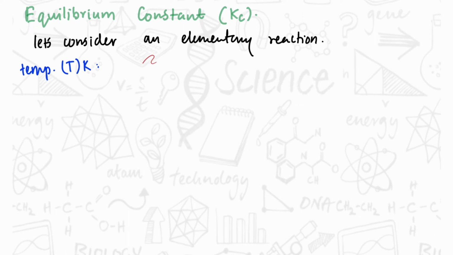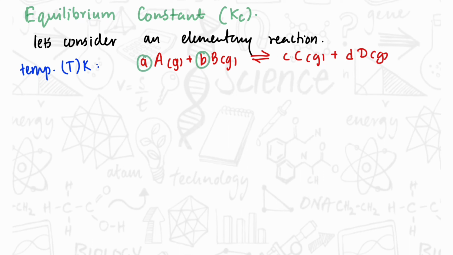And the reaction is aA, let's say it is a gas, and bB, it is also a gas, we have the equilibrium arrow, and cC, dD. These small letters, they are the stoichiometric ratio. And if we write rate expressions for the forward reaction and the backward reaction, first of all, let's consider the forward reaction.